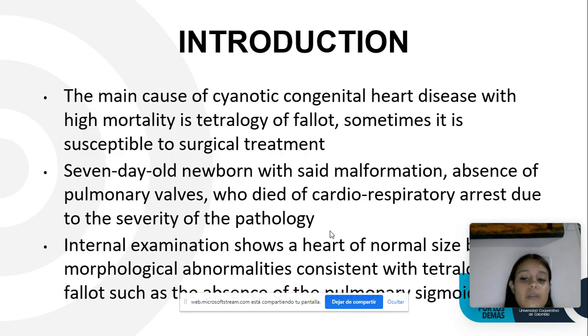The introduction: the main cause of cyanotic heart disease with a high mortality is the Tetralogy of Fallot. Sometimes it is susceptible to surgical treatment. In this case it's a 7-day-old newborn with said malformation, absence of pulmonary valves, who died of cardiorespiratory arrest due to the severity of the pathology.